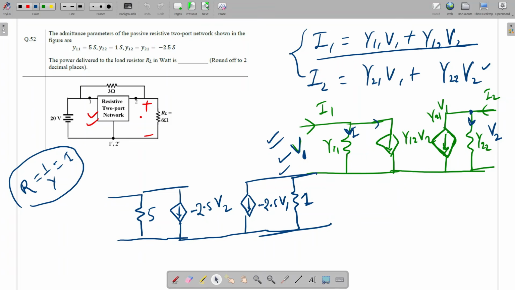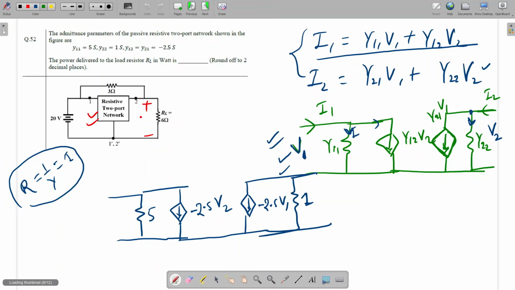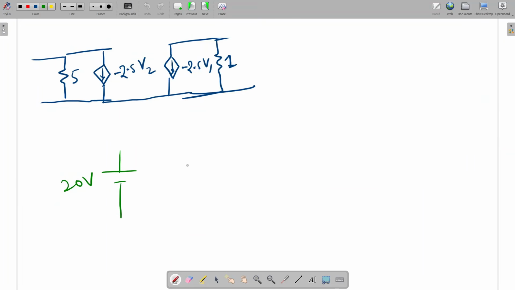So the whole circuit I'm going to draw. Initially, a 20 volt voltage source is there. After that, this two-port network is connected, and this all is connected to ground.